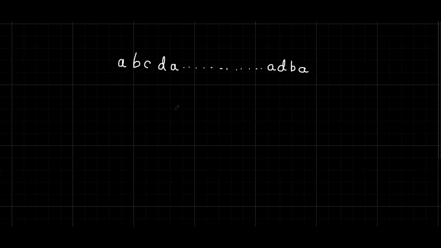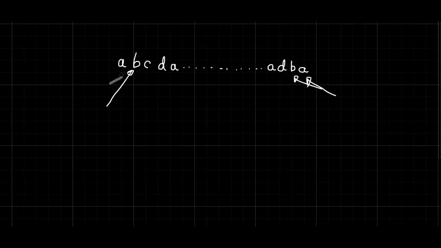Suppose this is the input string given. Now at first, our start pointer is pointing to this first character A and our end pointer is pointing to this last character A. Here we can see that both of them are equal. Now our start pointer is pointing to this B and our end pointer is pointing to this B, and both of them are equal.